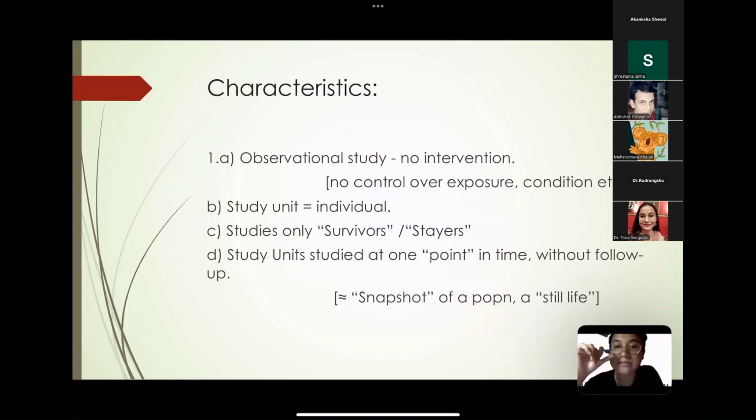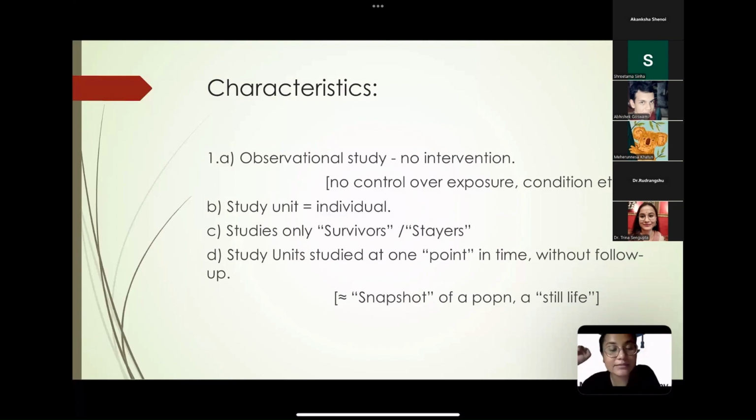What is the characteristic then? No intervention. Observational means no intervention, no control over exposure, condition, anything. So the researcher has no control over that. Only what he is doing is observing, just describing based on who, when, and where. Study unit is the individual.